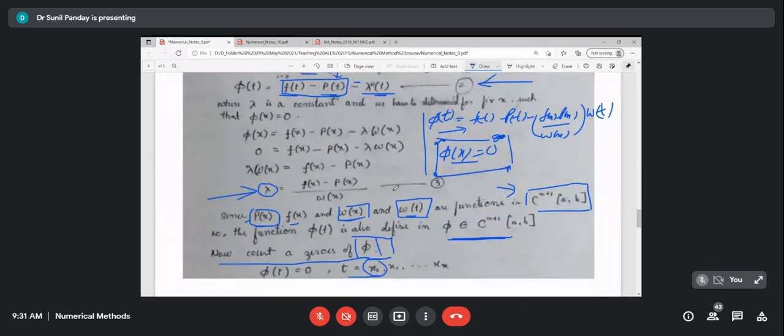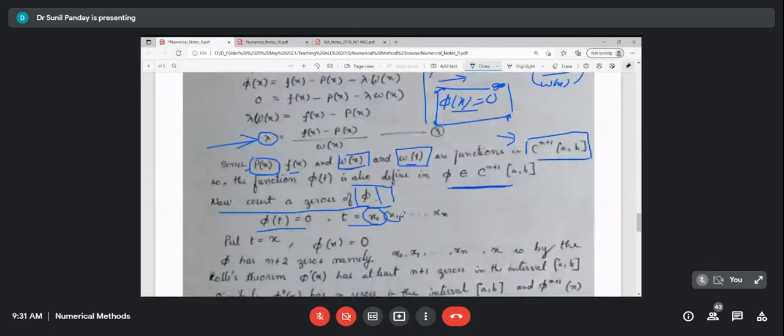In general, for x_1, up to x_n, all those data points, this phi(t) is 0. So now we count the zeros: one zero is x_0, second is x_1, and n plus 1 zeros up to x_n.